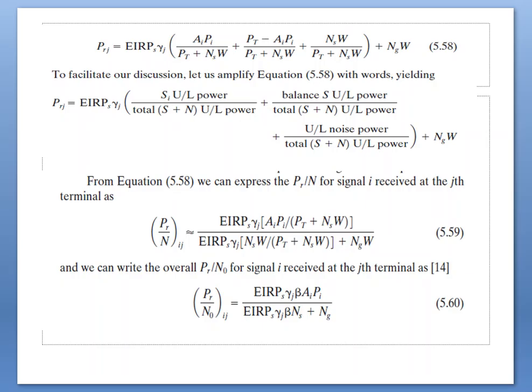To facilitate our discussion, let us simplify the equation above. Then the received power is shown in PRJ after equation 5.58, where S is the signal power and N is the noise power and U by L is uplink power. In the above equation, we can recognize an important relation that must exist among the multiple users.